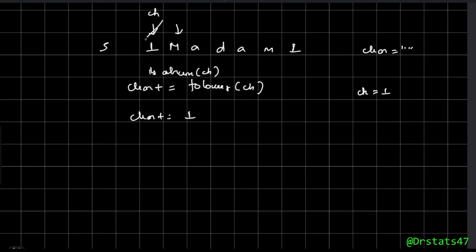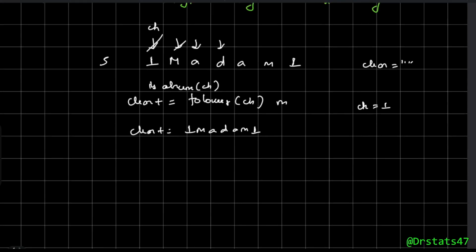Next we go to the m. Here m is capital. This function converts the m into small m, then we insert it. Now a will be inserted, d will be inserted, and likewise all the other characters will be inserted.